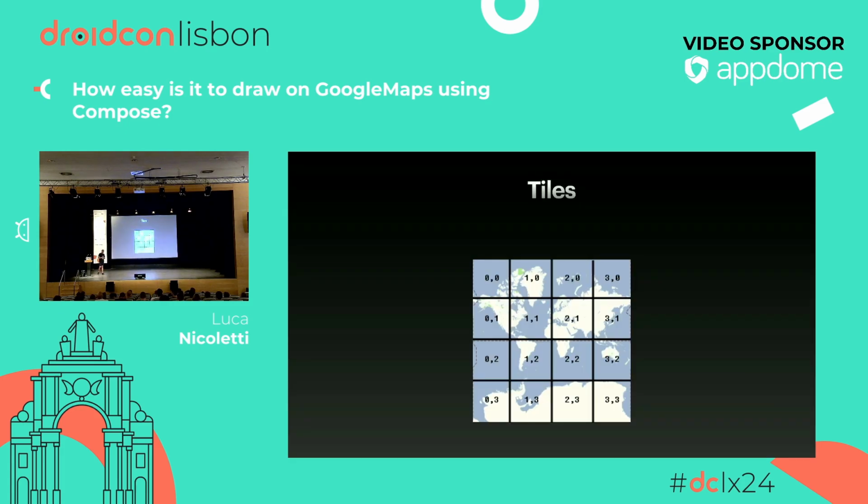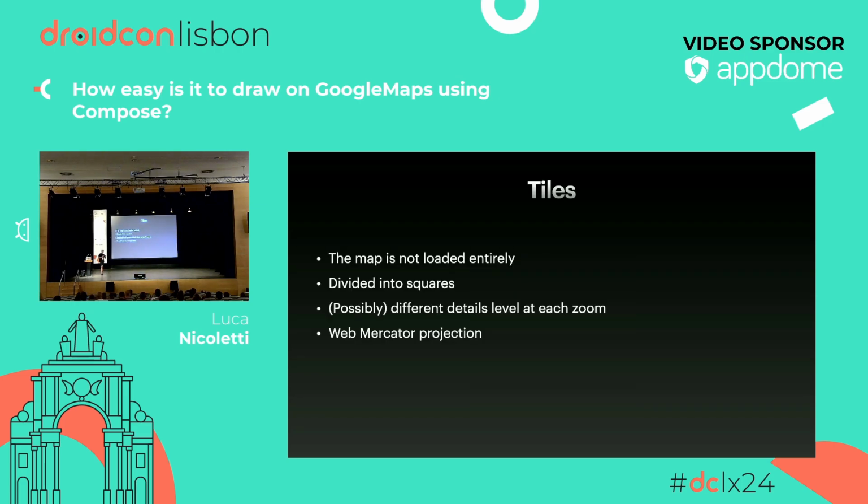A tile is a rectangle representation of the map, and every tile has the same size as the others at a given zoom level. When you use a tile provider, the map is not loaded entirely, and the tiling system is what the actual Google Maps application uses to render the map.